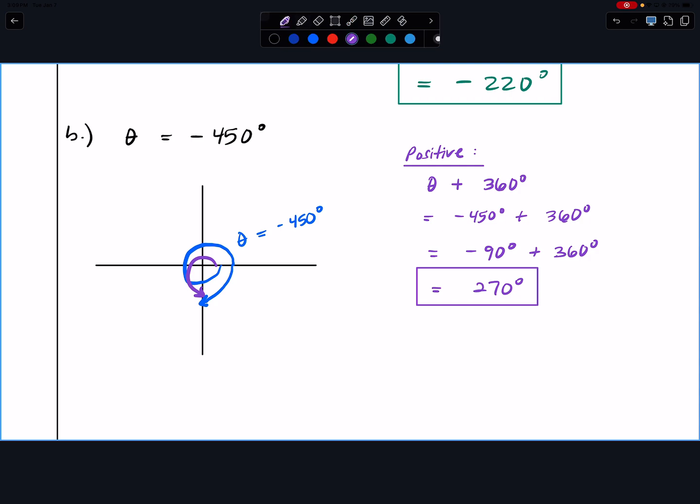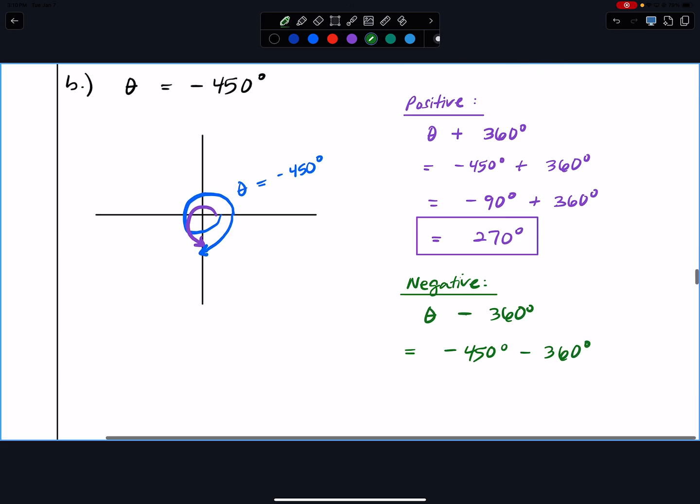Okay. To find a negative one, what's the rule? Subtract 360. So it's going to be negative 450 minus 360. What is that?